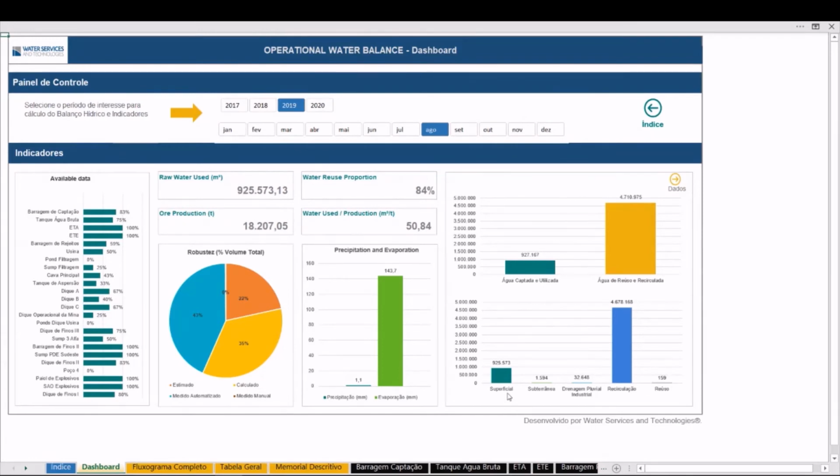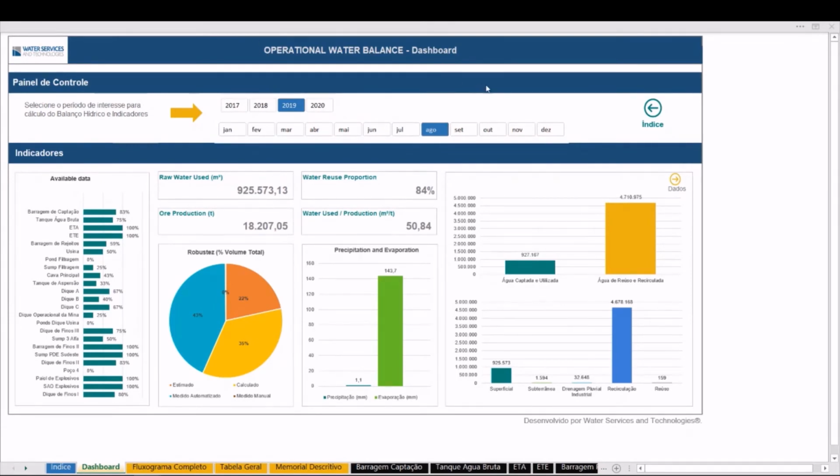And this chart here shows, from the water taken from the environment, how much was from surface water, how much was from groundwater, how much was from rainwater, and how much was recirculated, was reused. So we have a kind of summary here of all the data that we have on our water balance.